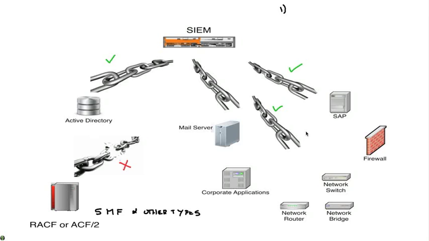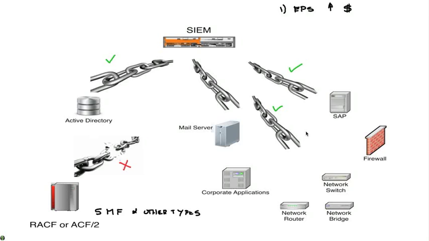If there were ways, which there are some, to bring all those massive amounts of events, because everything on the mainframe generates an SMF record, the problem is that the number of events per second on your SIEM is going to go way up, and you'll be spending a great deal of money getting more and more hardware devices to be able to collect that.